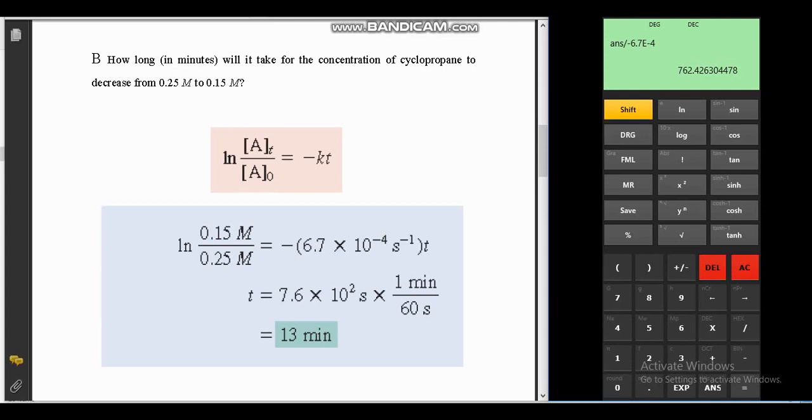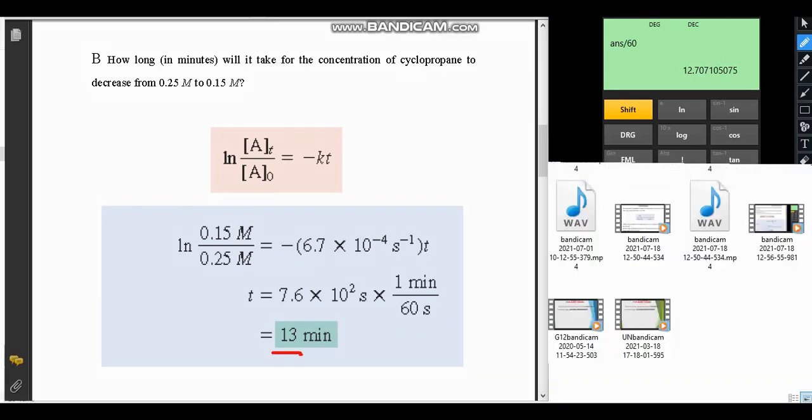So 762 seconds, we need to convert it to minutes. So if we convert it to minutes, we'll divide by 60. Then we'll get 12.7 minutes. So if you round off the 12.7 minutes, you'll basically get 13 minutes.